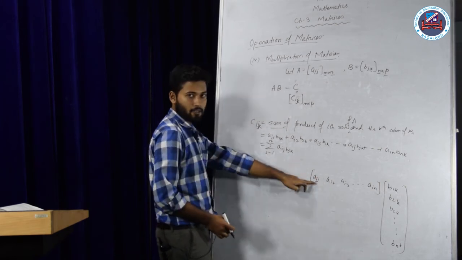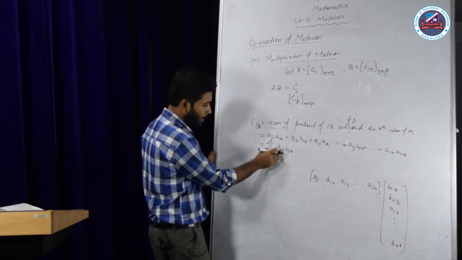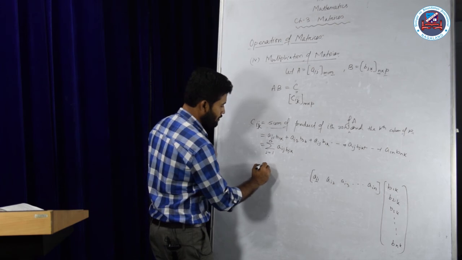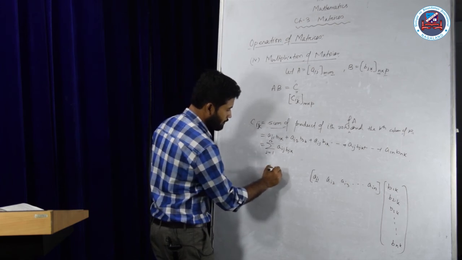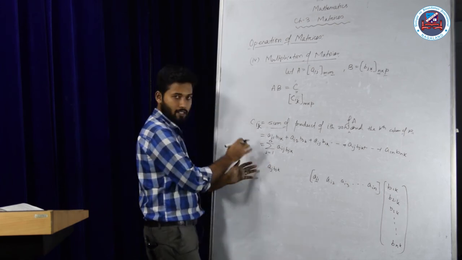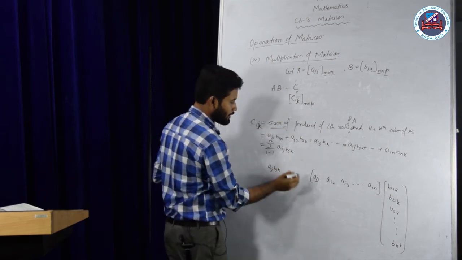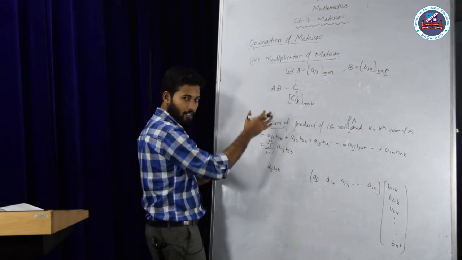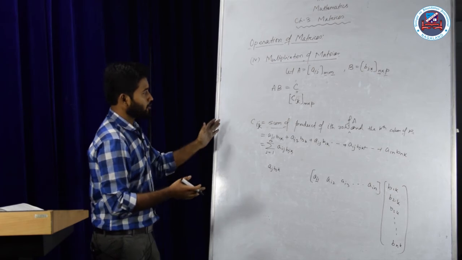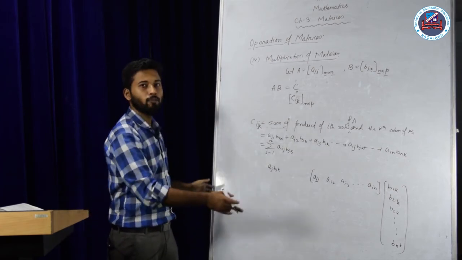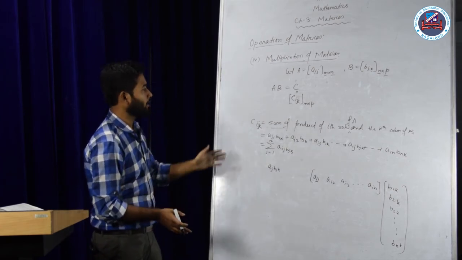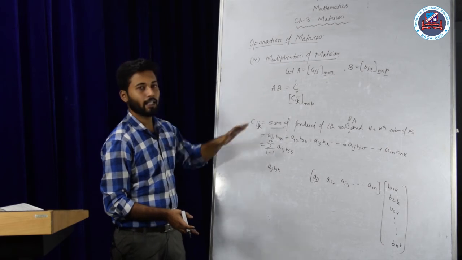Now, if I take the first row, it will be A1j Bjk, and for that I shall get the elements of the first row of the new matrix. Similarly, if I vary the k now, then I shall get all the columns here. So at the very end we shall get a new matrix. Clear? And that will be the multiplication of A and B.